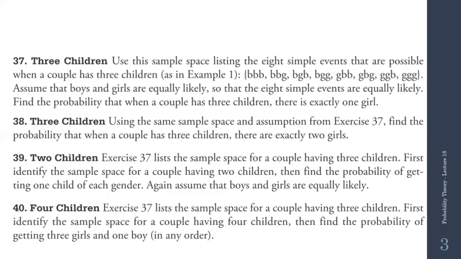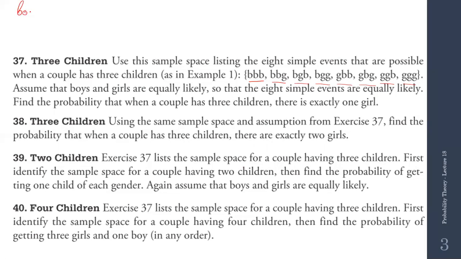Exercise 37 gives us an interesting question. Use this sample space listing the 8 simple events that are possible when a couple has 3 children. There is a couple with 3 children, and these 3 children can be in different orders of boys and girls, for example BBB, BBG, BGB, BGG, GBB, GBG, GGB, or GGG.